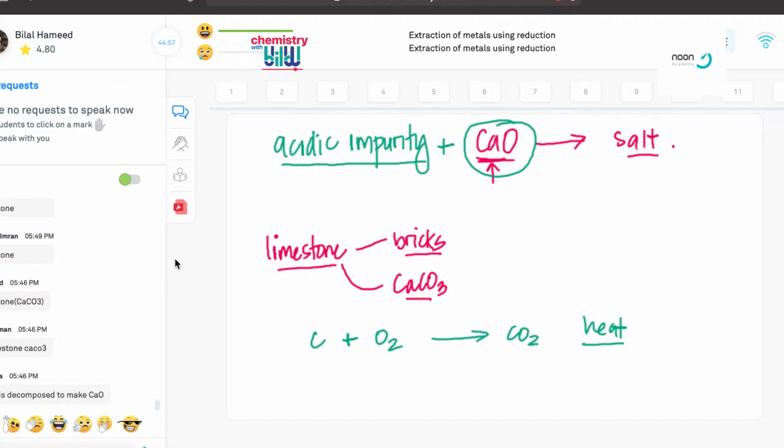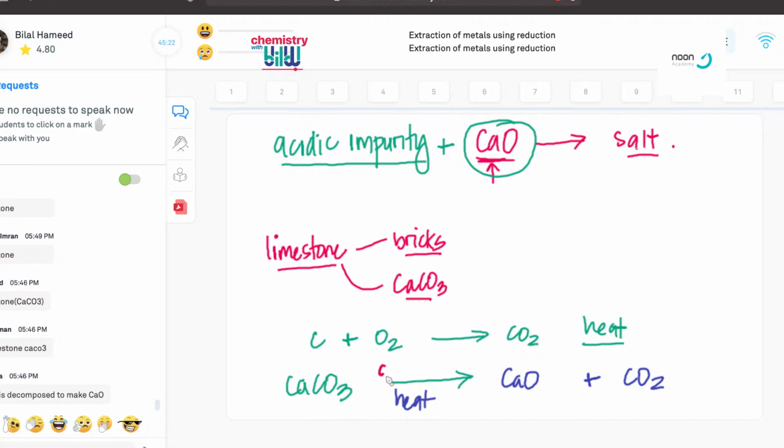All right? Now, what we do is this heat we take and we introduce calcium carbonate to the mixture. Now, when we introduce calcium carbonate to the mixture, the heat converts calcium carbonate to calcium oxide and carbon dioxide. Now, I believe that you have done types of chemical reactions with Sir Abul.